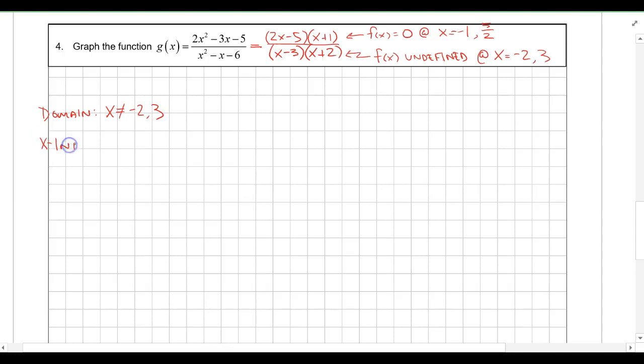My x-intercepts will occur at negative 1 comma 0 and 5/2 comma 0. My y-intercept, well, y-intercept is what happens to the function when you plug in 0 for x. So if I plug in 0 for x, it's going to be -5 divided by -6. So that gives me the point 0, 5/6.